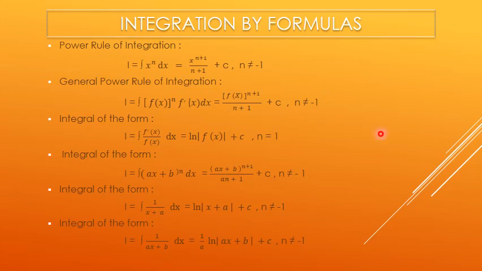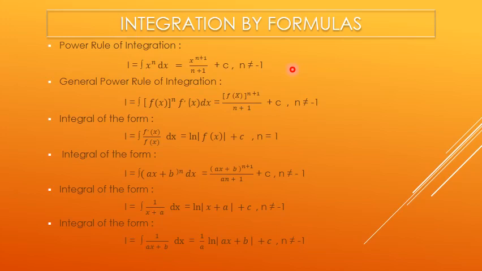Okay, the integral of f derivative x divided by f of x dx. That means in here we have the function and its derivative is given. Then we solve it. It's very simple. It equals ln mod f of x plus c, where n equal to minus 1 is the case here.